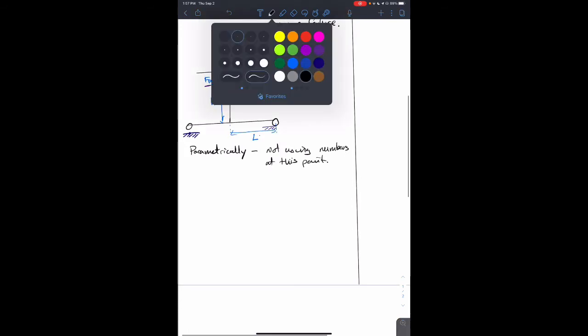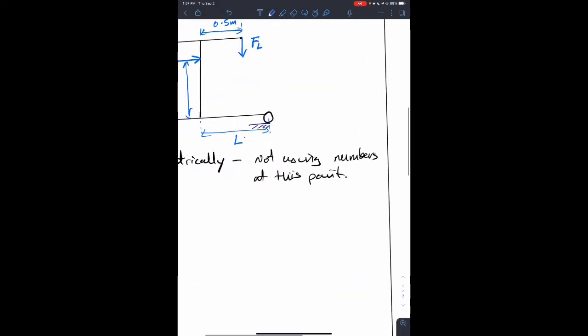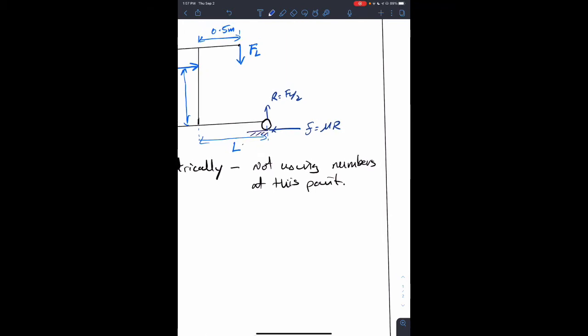So we could update the diagram and say we have the reaction force R equal to FL on 2, and then the friction is in this direction here, because we have mu R. Mu is the coefficient of rolling friction. Notice it says rolling friction.